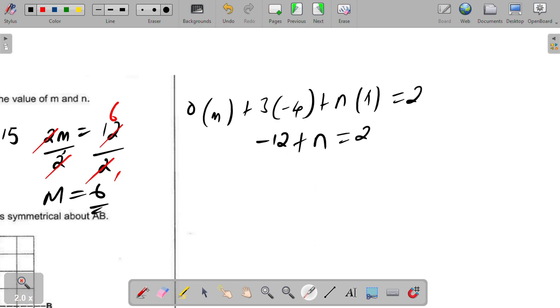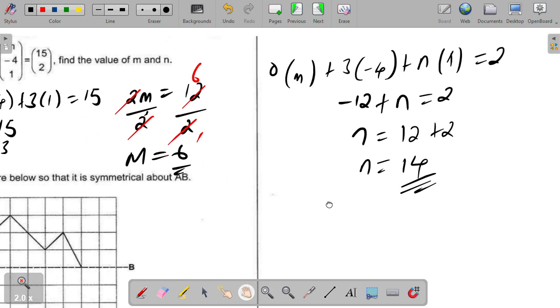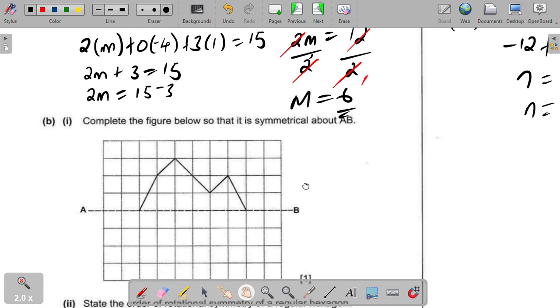When a number crosses the equal sign, the sign changes. So when negative 12 crosses the equal sign, it becomes positive: n is equal to 14. So this is your answer, and we continue.